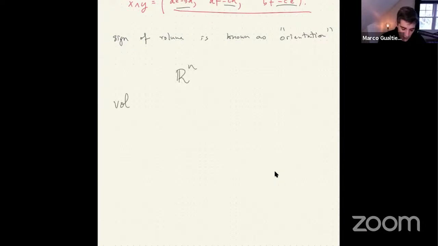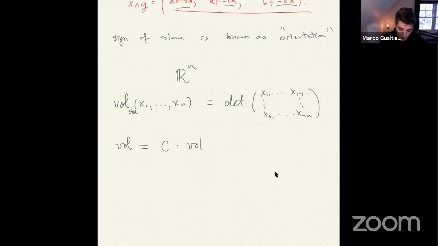One of the volumes on Rn, the standard one, is the determinant of the matrix that we get by writing all these vectors. But any other volume will be a constant multiple of the standard one, where this can be anything in R.